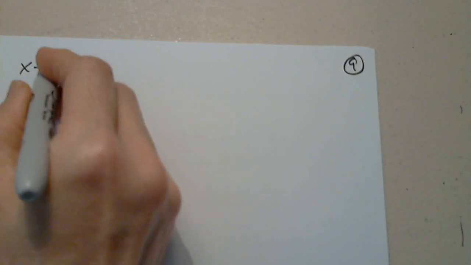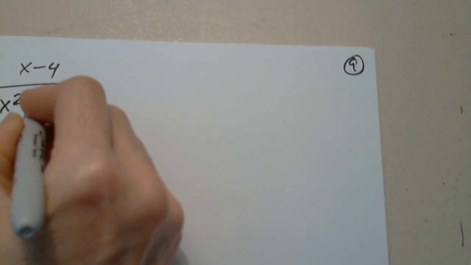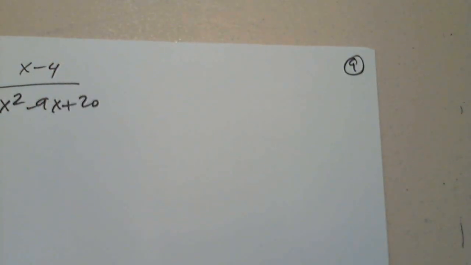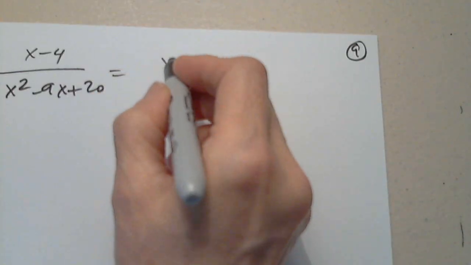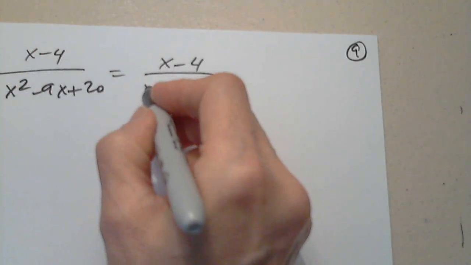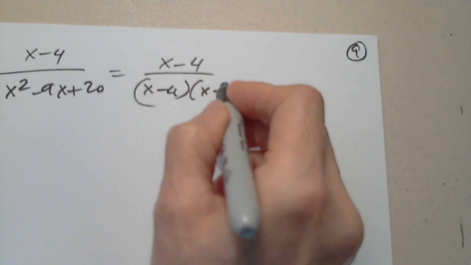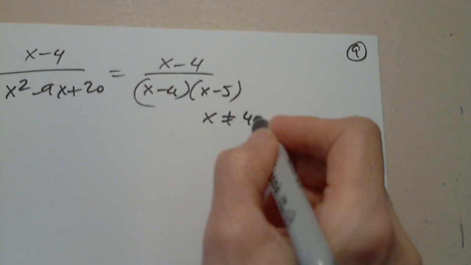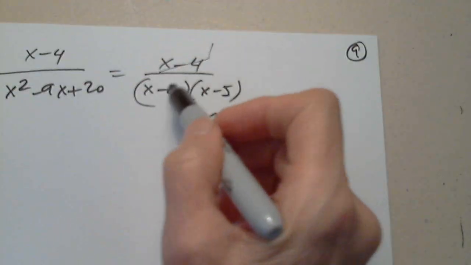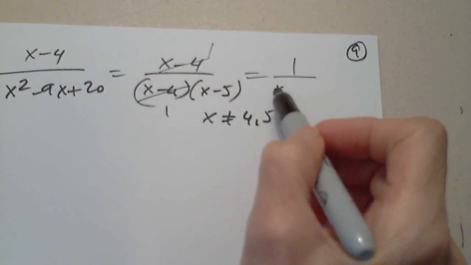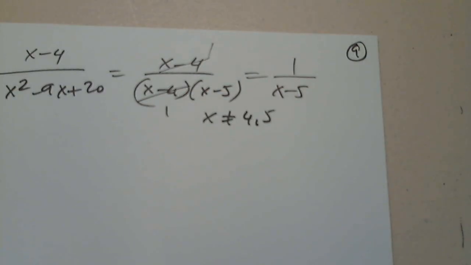We have x minus 4 divided by x squared minus 9x plus 20. So we have x minus 4, and the denominator is x minus 4 and x minus 5. We have to state those restrictions. Please get used to them for the future. So we have 1 over x minus 5 as the final form, assuming x is never 4 and never 5. Okay.